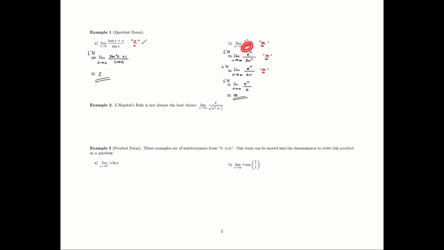Sure, a particular polynomial might grow faster than an exponential would for a little bit of time. You might have a really high degree polynomial, and maybe it does something like this. And e to the x does something like this. So sure, it looks like this polynomial is outgrowing the exponential.